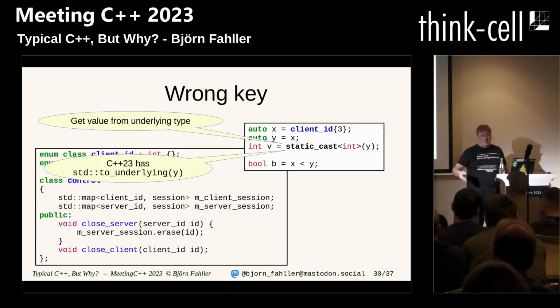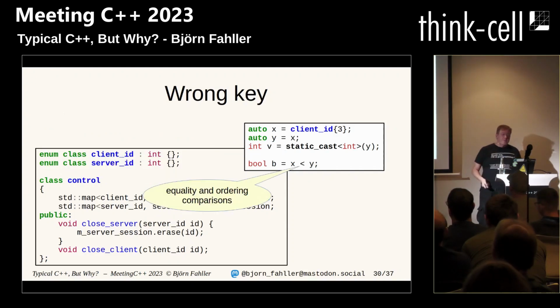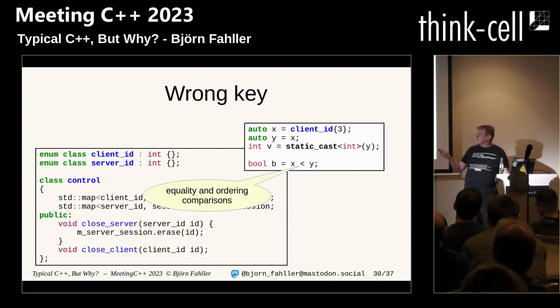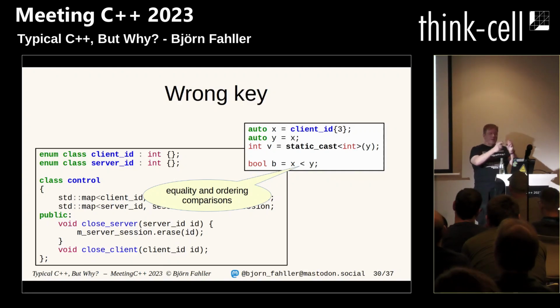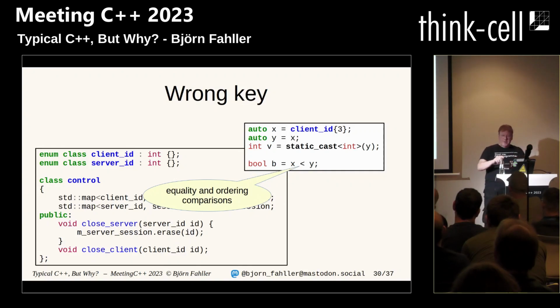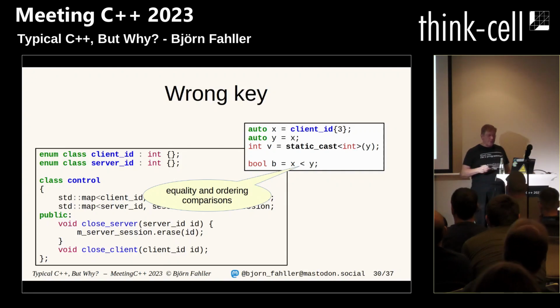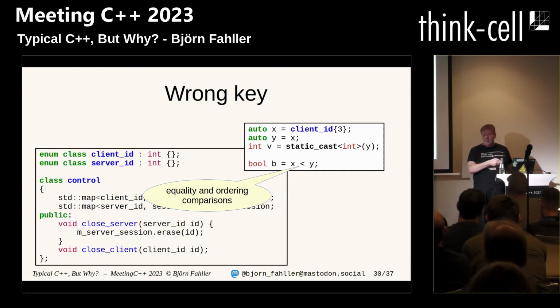You can write that yourself if you're not on C++23. It's not particularly difficult to write. And you also get equality comparisons and ordering for free. The compiler does that for you. So an enum class of an integral type with no enumerators is a regular and strongly ordered type. And therefore it can be used as a key in a map.